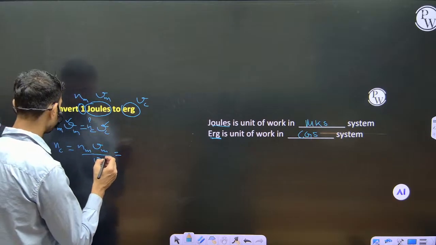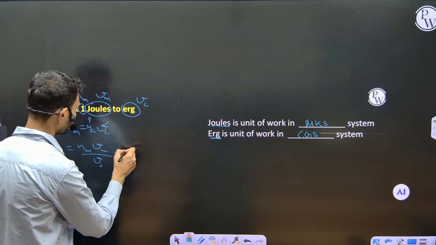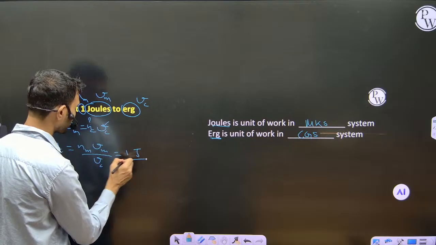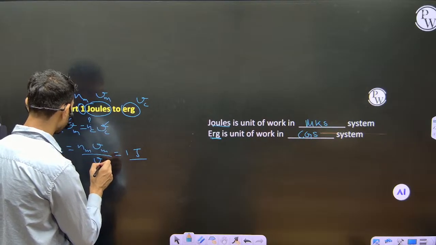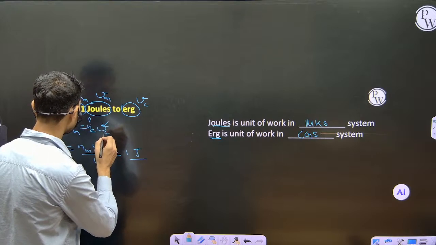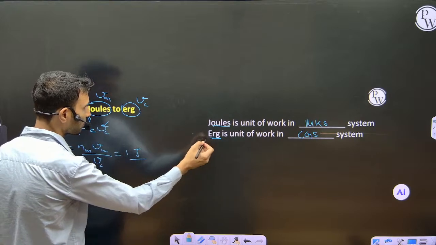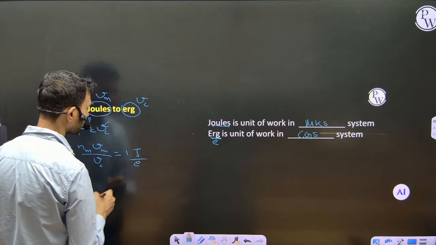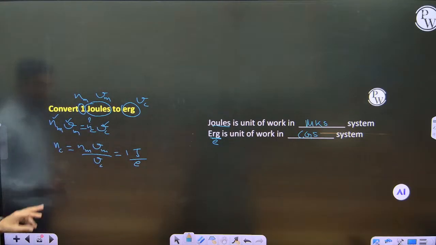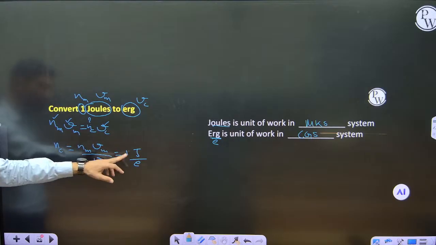Nm is what? 1. Um is joules, J. Uc is what? Uc is erg. Let's write it as E. So it's basically joule upon erg that will give you the Nc we're looking for, right? The only unknown is Nc, which we can find out with just joule by erg.